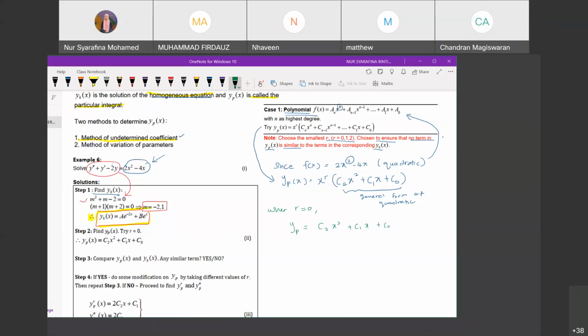You need to check whether any term in this yp is similar to a term of yh. This yh has exponential of minus 2x and exponential of x. This yp has a quadratic x squared, linear x, and a constant. So there is no similar term.